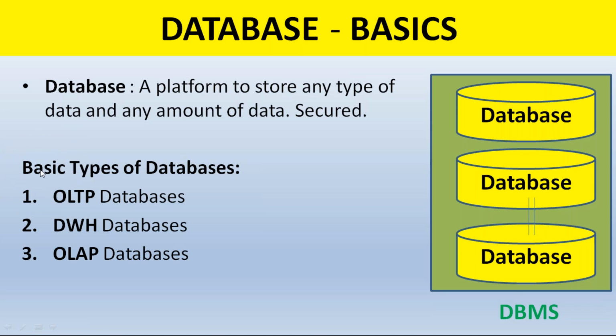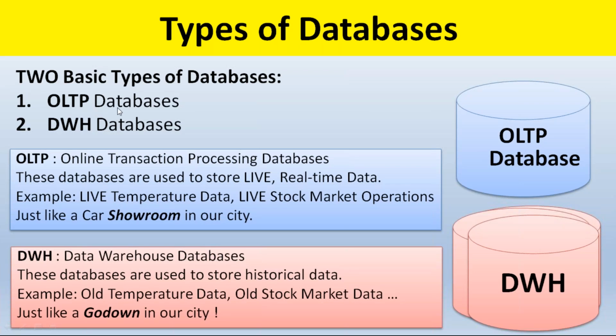We have many data types, but from our course perspective, to understand the end-to-end plan for data workflow: OLTP databases to store live online transaction processing data, like our ongoing live ICC matches, ICC 2020 World Cup live data, OLTP, and data warehouse to store old historical data.